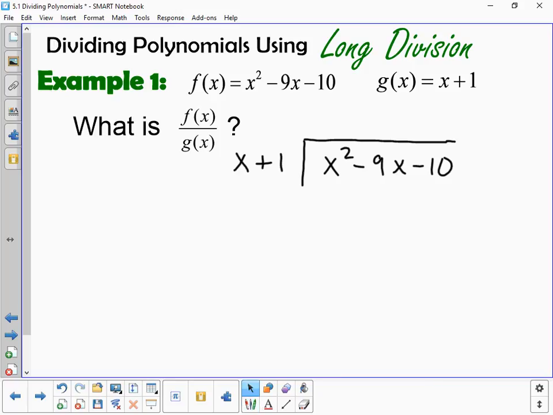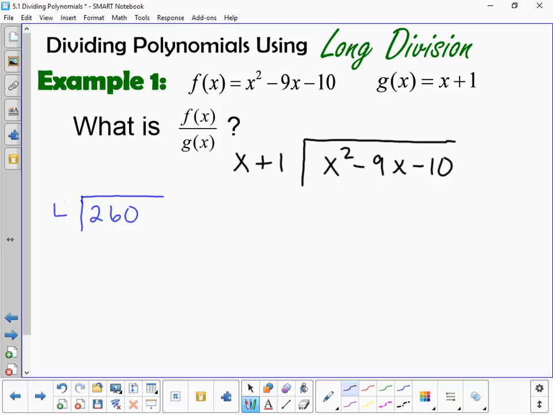So let's refresh in case you didn't do the worksheet that had you refresh on number long division. If I had 260 and I wanted to divide that by 4, I would think about that 4 and I would look at the beginning here, maybe the 2. Well, 4 doesn't go into 2, so maybe I'll think about 26. 4 goes into 26 6 times, and then you multiply the 6 times 4 to get 24.